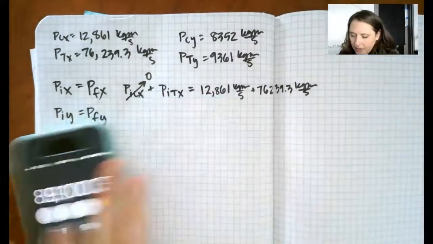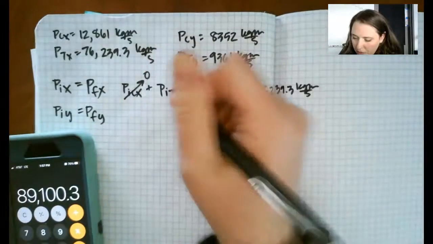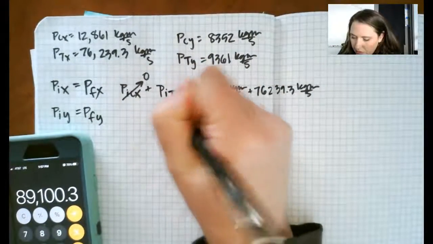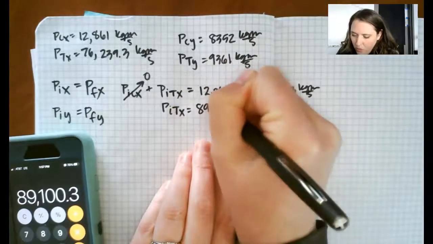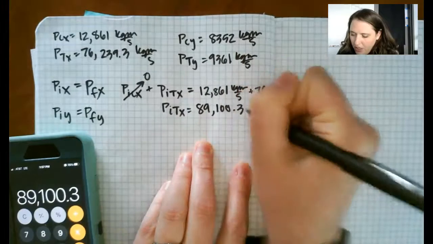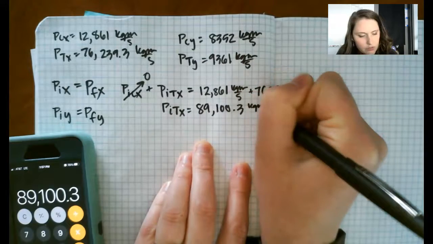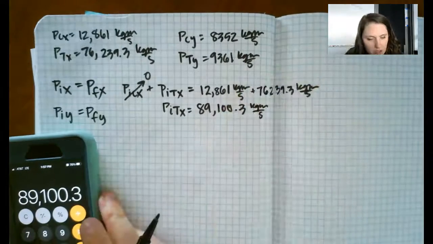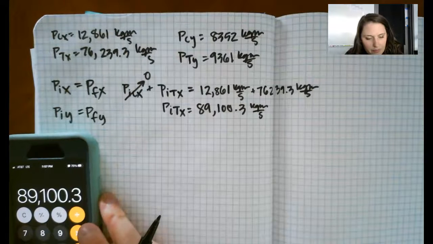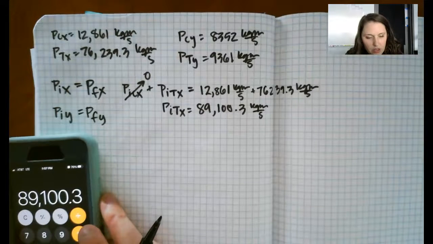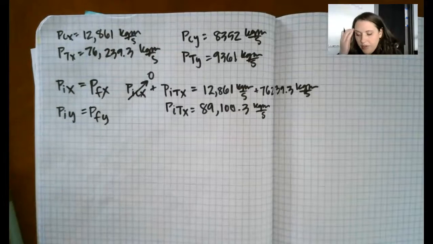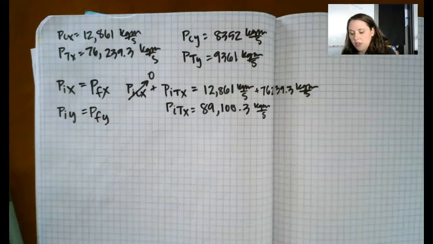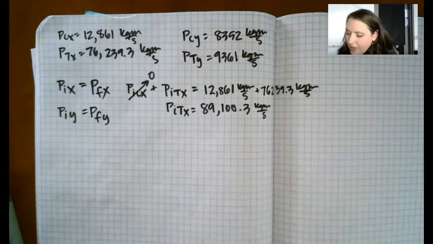So I get that the initial momentum of the truck in the x direction has to be 89,100.3 kilogram meters per second. All right, so that's my initial momentum. I'm going to put a little box around that so that's easy to find afterwards.